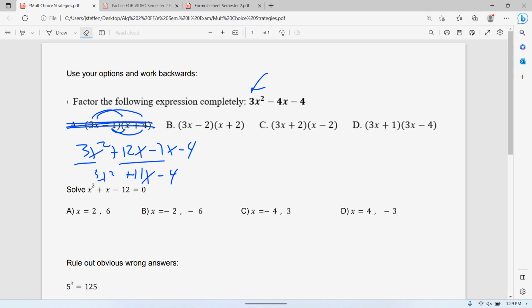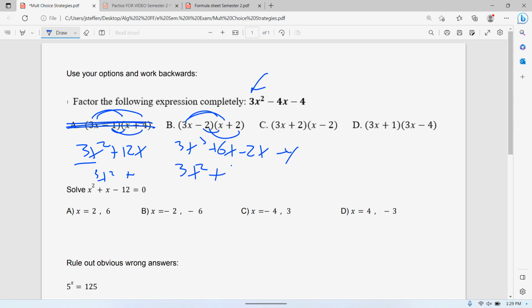So then you go on to do the same thing. 3x squared, 3x times 2 is 6x. Negative 2 times x is negative 2x. Negative 2 times negative 2 is positive 4. So that's 3x squared plus 4x minus 4. So we're close, but it's not going to be that one. So I wonder if it's going to be switched around.